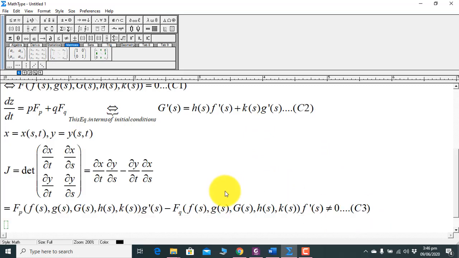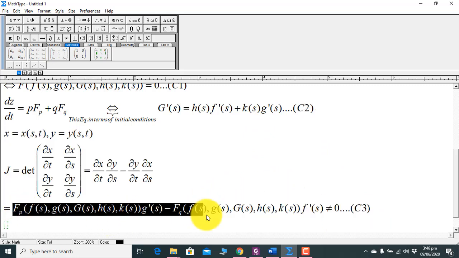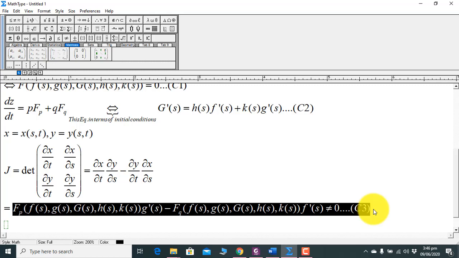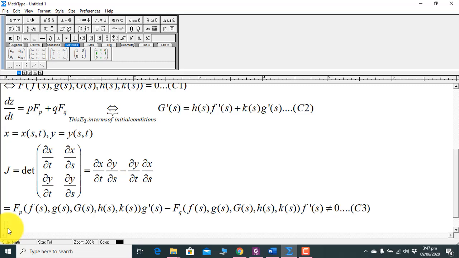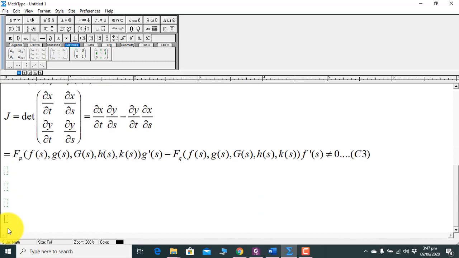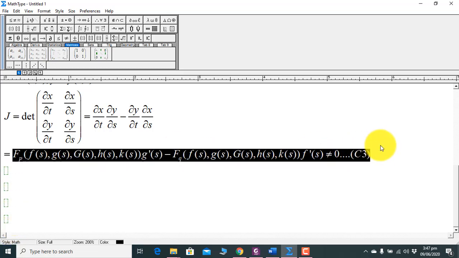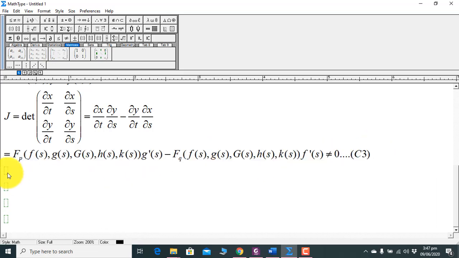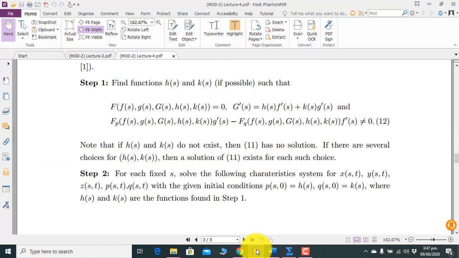You will select those h of s and k of s for which this determinant, this Jacobian, is non-zero. These h of s and k of s will be our required solution. It is possible that one or two pairs of h of s and k of s will satisfy this condition, that the Jacobian is non-zero. So both will be your solution. So your solution will be two, one for h of s and k of s for which condition 3 is satisfied, and the other also for which condition 3 is satisfied. I will solve one example before you as well.